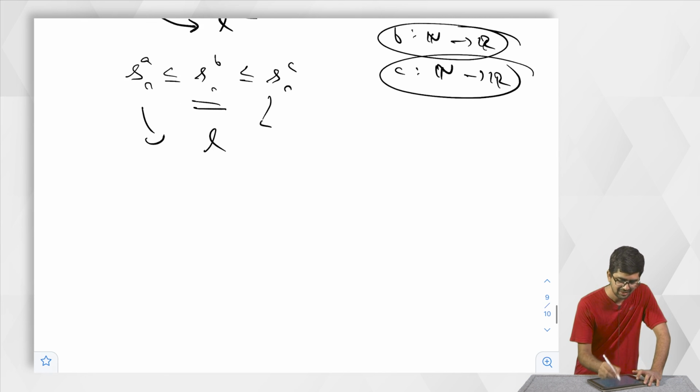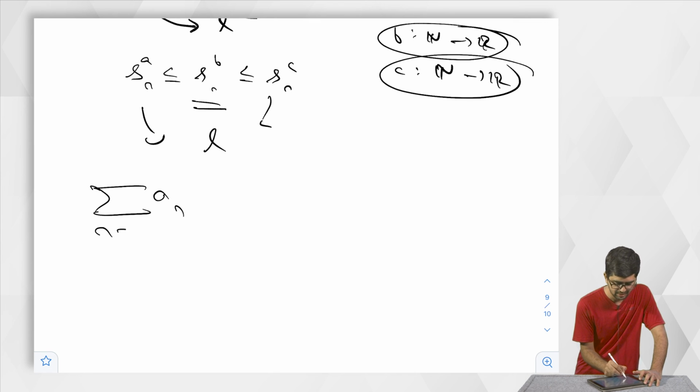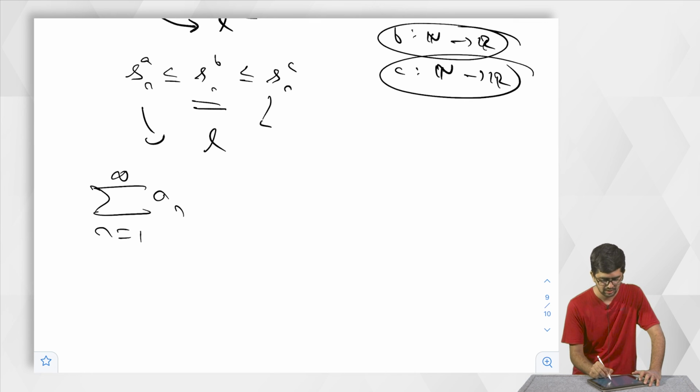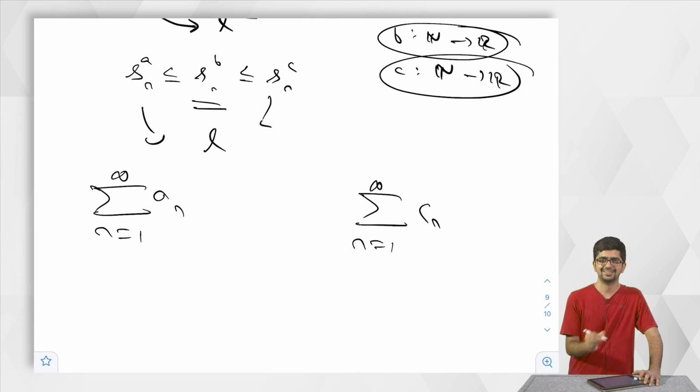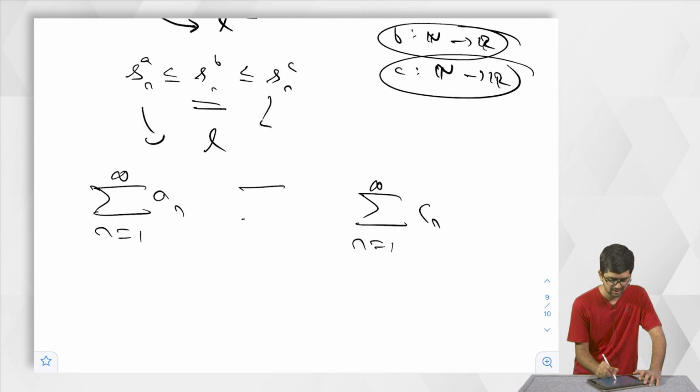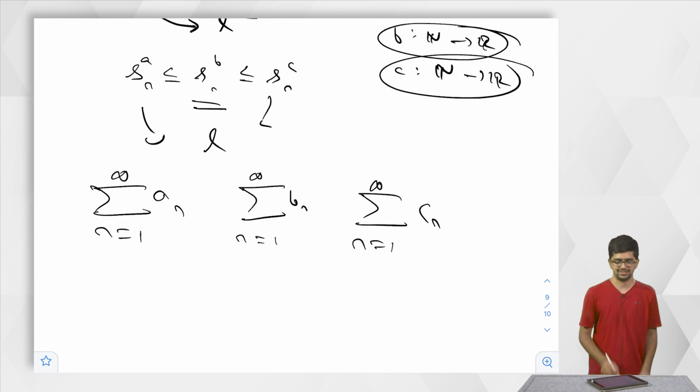What does this mean? This being convergent means what? Summation an, n equal to 1 to infinity, converges, summation Cn, n equal to 1 to infinity, converges. This implies summation Bn, n equal to 1 to infinity, is convergent.